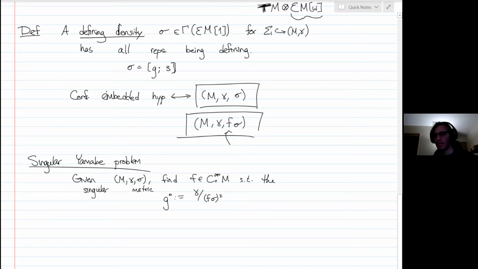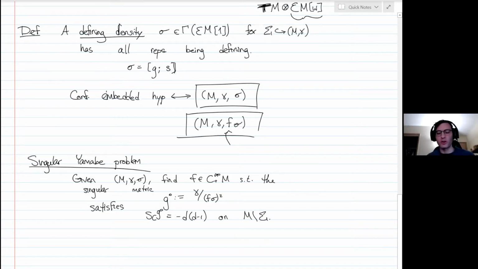So gamma meaning you take a representative of your metric G, and then you divide it by F times the equivalent representative of your defining density sigma. And that'll just be some well-defined and unique metric. We want that this metric satisfies the following criteria. And this is what makes it a PDE. Its scalar curvature should be equal to minus d times d minus 1 away from the hypersurface.